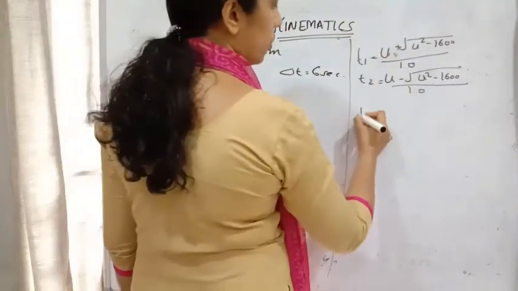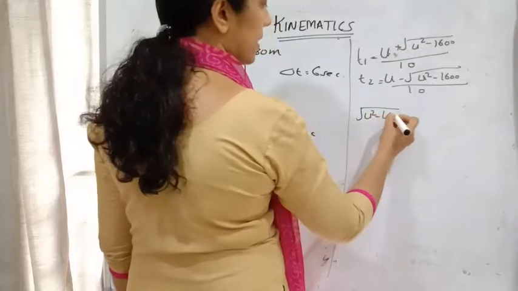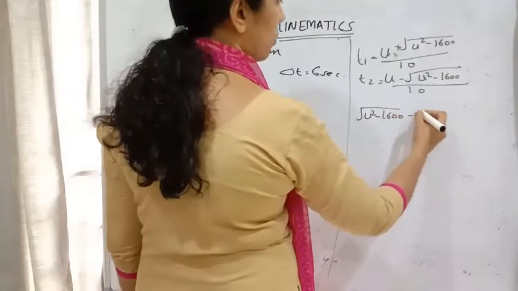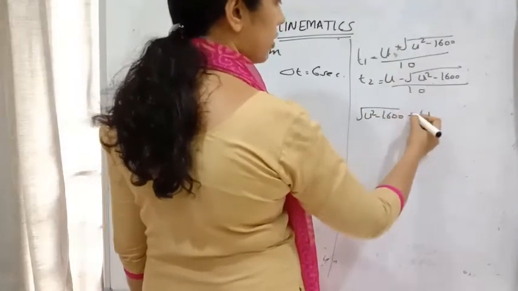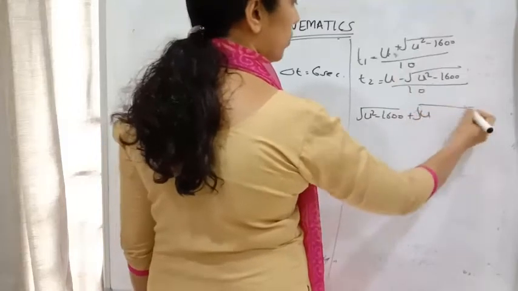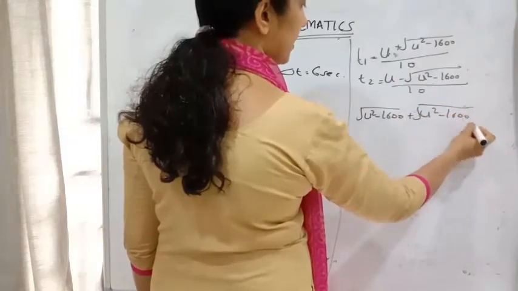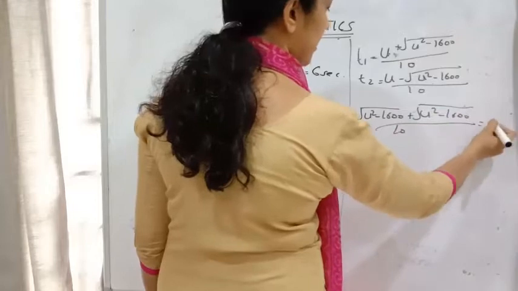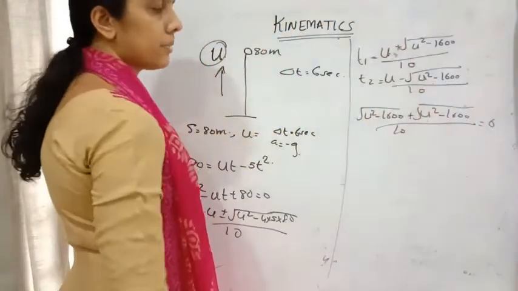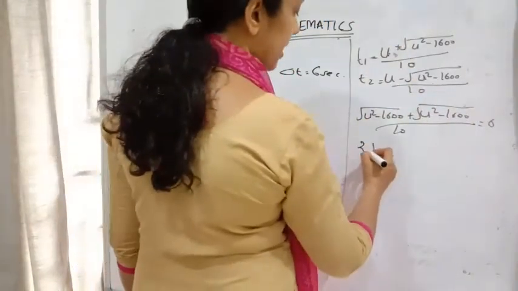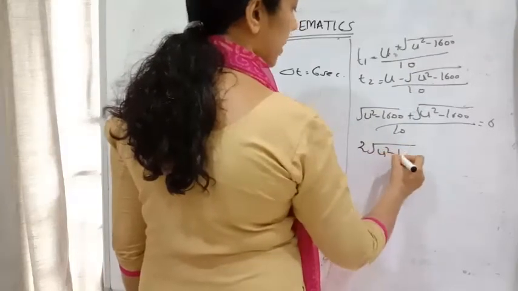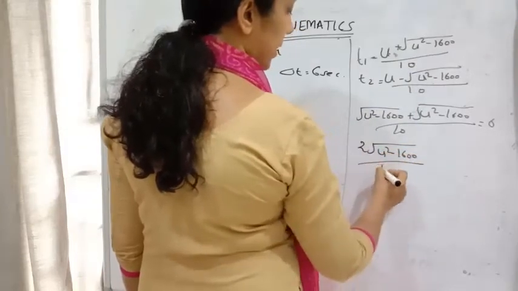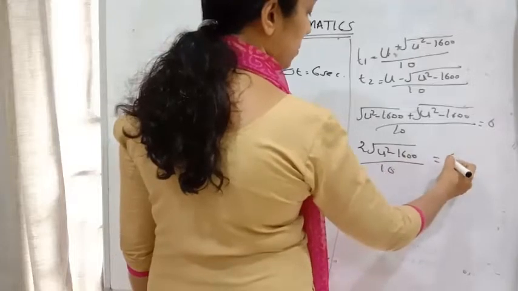Therefore, root of u square minus 1600 plus root of u square minus 1600, divided by 10, equals 6. Okay, u by 10 will get cancelled. So we get 2 root of u square minus 1600 divided by 10, that is equal to 6.